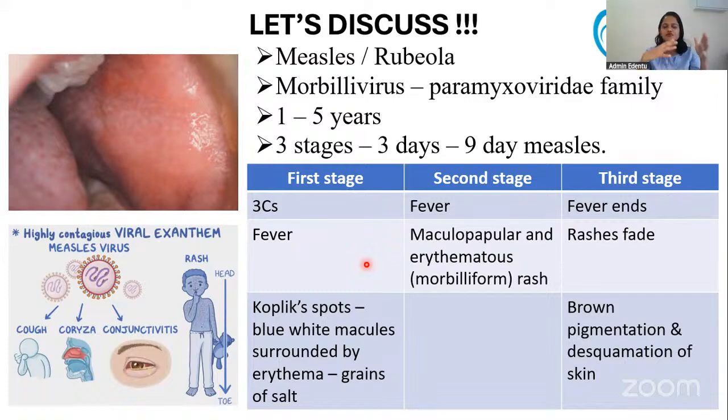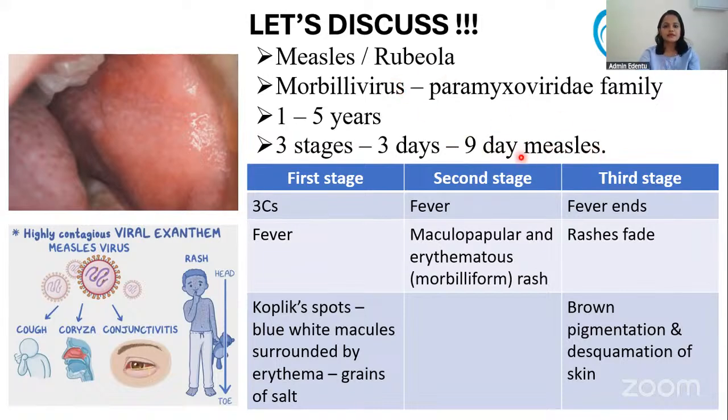If you look at the clinical course of measles, it undergoes 3 stages, and each stage lasts 3 days. So 3 stages, 3 days. That's why it is called 9-day measles, or rubeola.